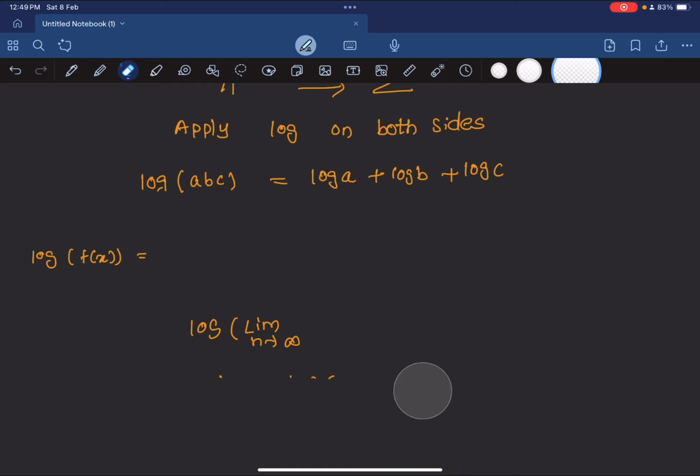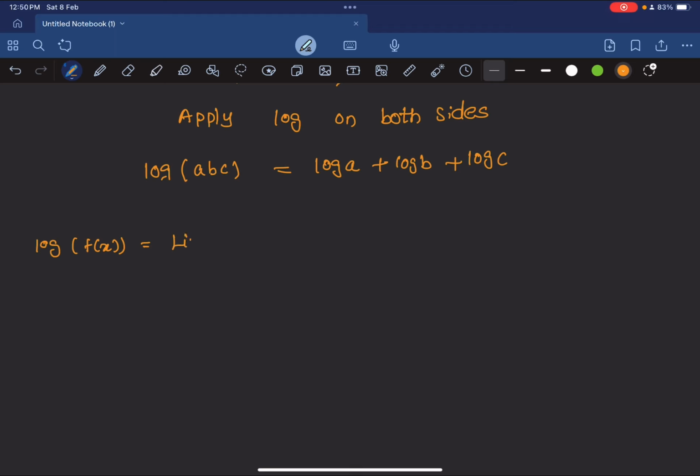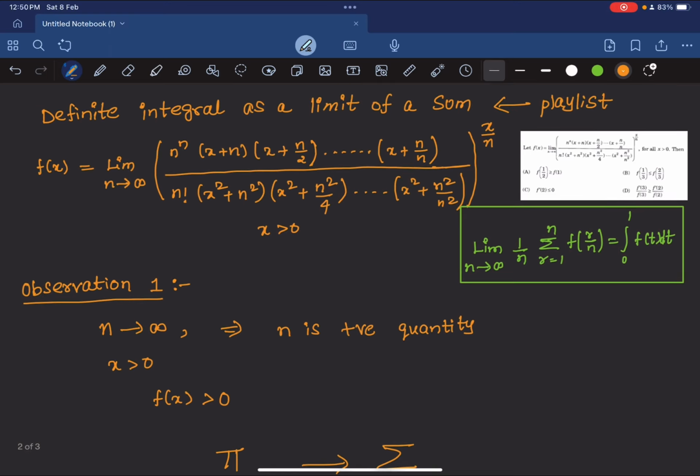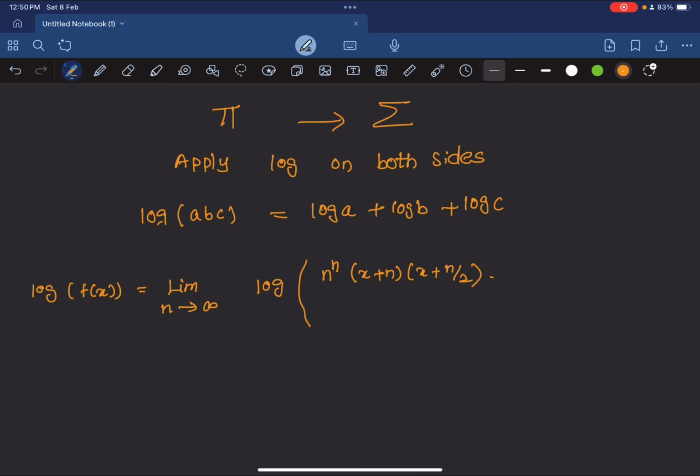So our RHS will be limit n tends to infinity log of, this is n to the power n, this is x plus n by 2, I'm just writing whatever is given in the question, nothing else, and so on, x plus n by n.